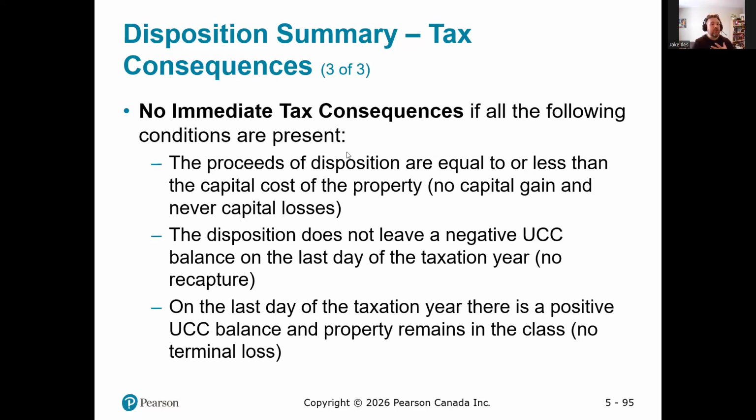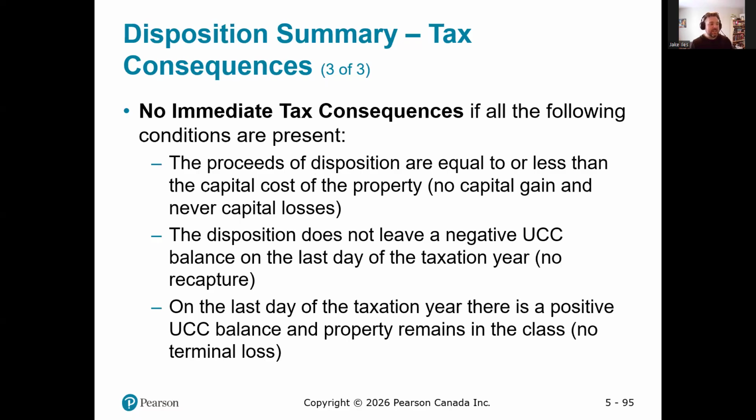So when are there no tax consequences? There's no tax consequences if all of the following conditions are present. The proceeds of disposition are equal to or less than capital cost. Since capital gain only occurs when the proceeds are more than cost, if proceeds are less than capital cost, no capital gain.